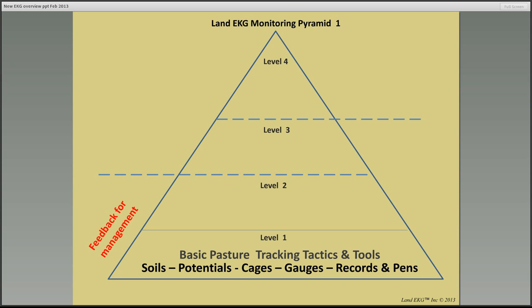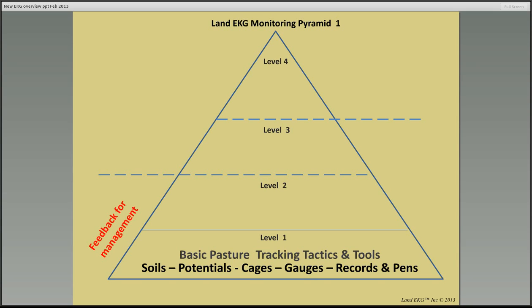The idea here is that the lower portion of the pyramid primarily allows feedback for management decisions to be made. The upper part of the pyramid has more to do with providing credibility, and so the methods higher up provide the credibility that we need.